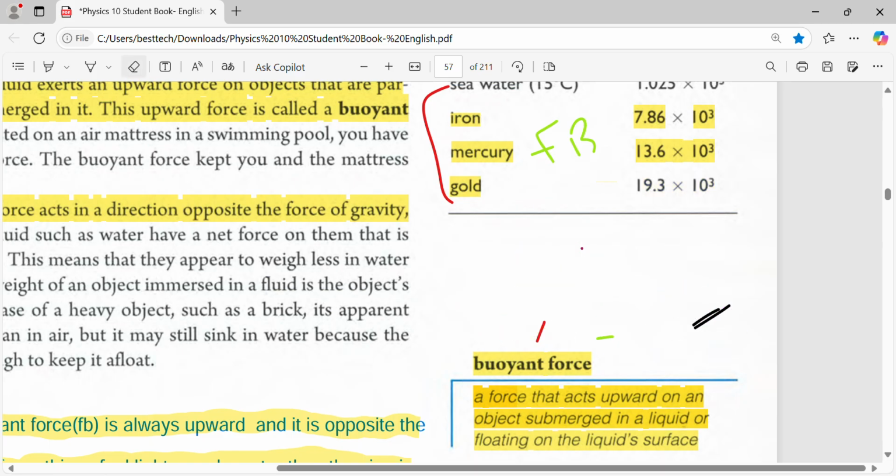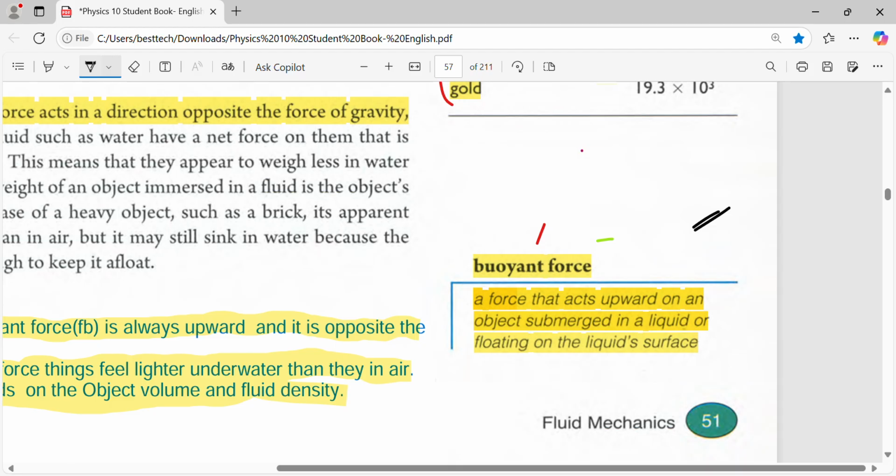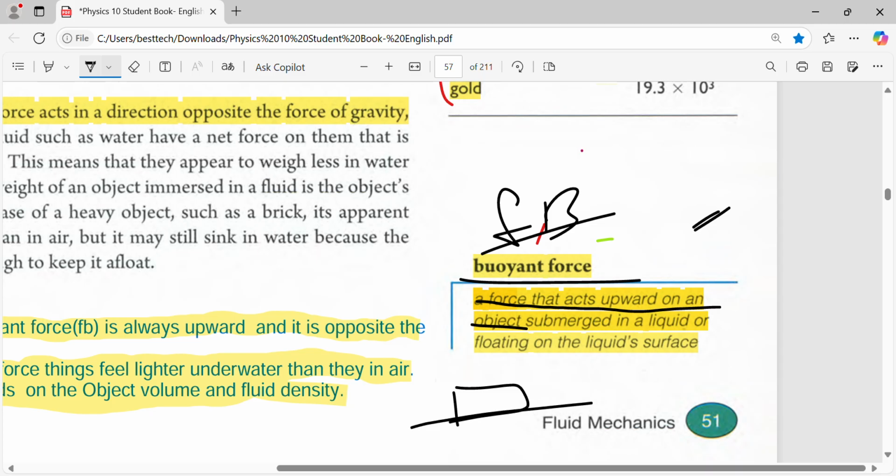So we have the definition. Look, buoyant force, Fb, is a force that acts upward on an object submerged in a liquid or floating on the liquid surface. We have buoyant force in two situations.